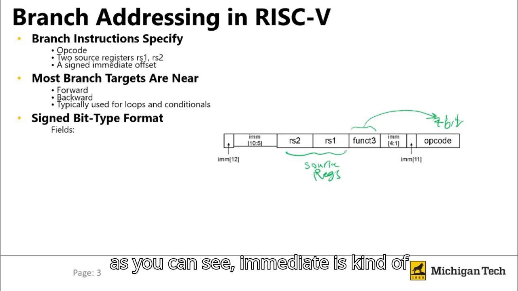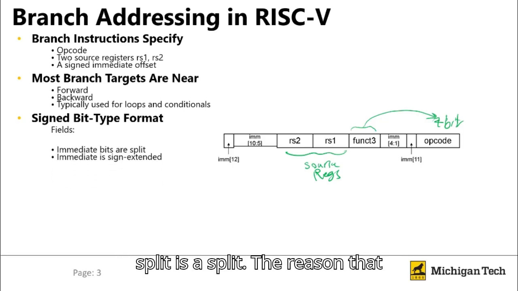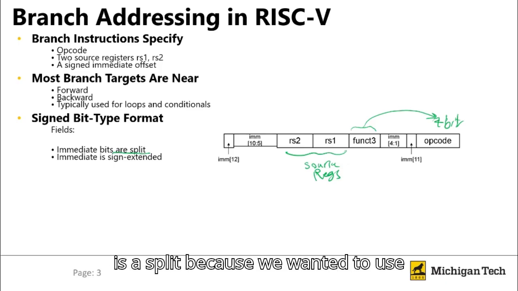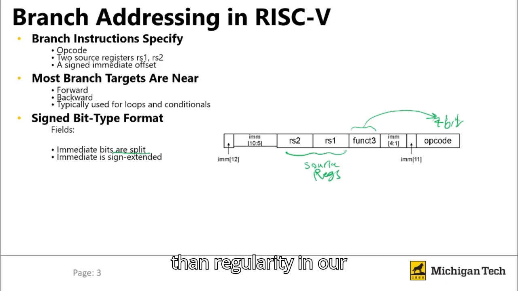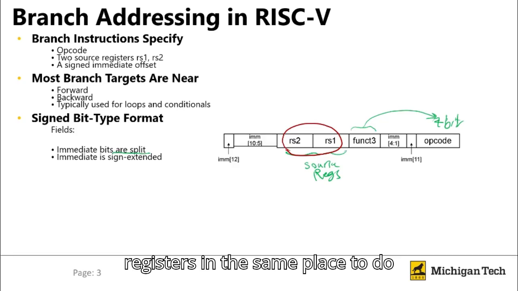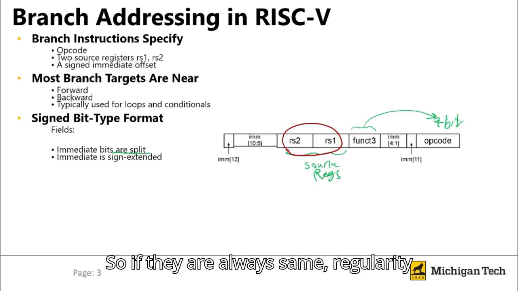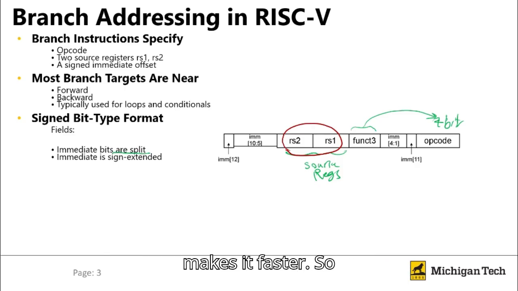But as you can see, the immediate is kind of distributed around, so it is split. The reason that it is split is because we wanted to use the regularity in our instruction. We always want to have registers in the same place to do decoding faster, okay? If they are always the same, regularity makes it faster.